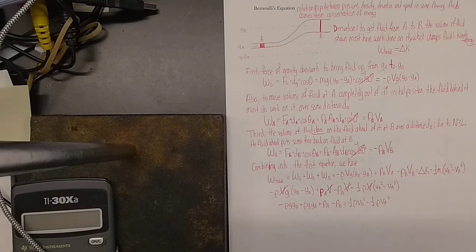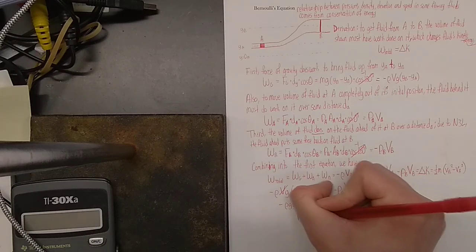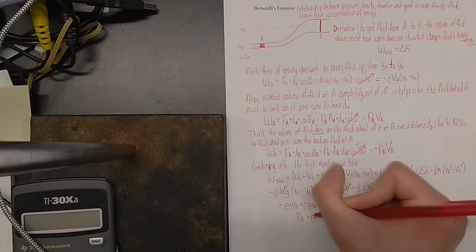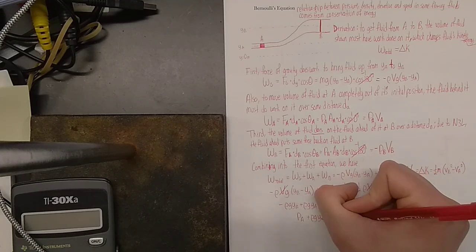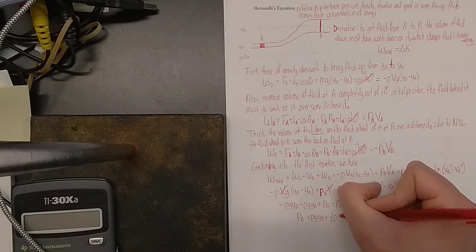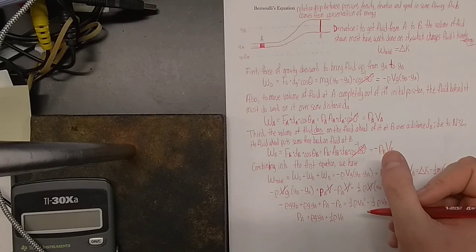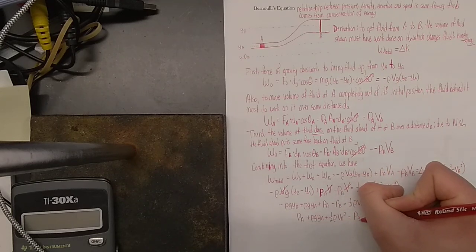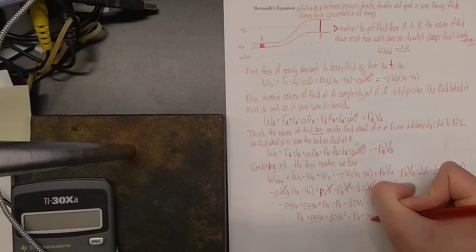And now all I'm going to do is collect all the terms with an A in them on the left-hand side, all the terms with a B in them on the right-hand side. And what I get is this. The pressure at A plus rho times the acceleration due to gravity times the elevation at A plus 1/2 rho, the density, times the velocity of the flow speed at A squared equals the exact same thing on the other side, except instead of the A's, we have B's.